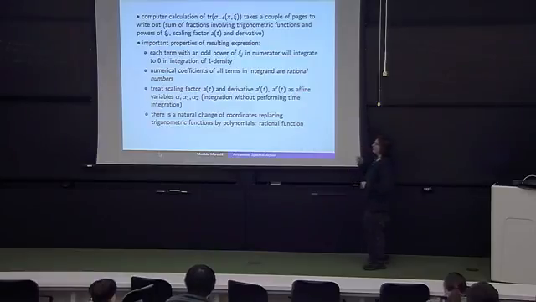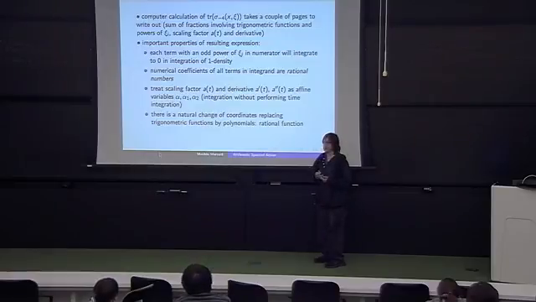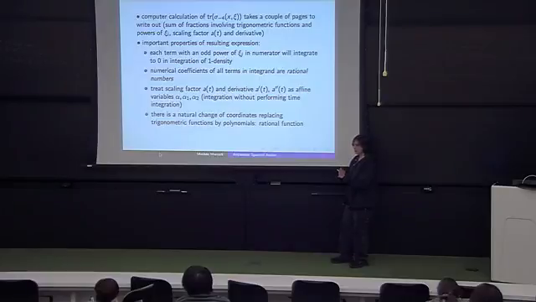So what you can do is make a change of variables on these integrals and rewrite them in a way that's more algebraic. The reason I want to do that is because I want to understand what this kind of arithmetic structure is that's showing up in these terms.